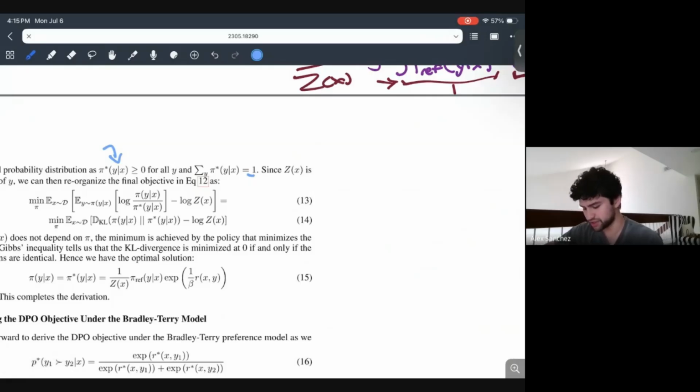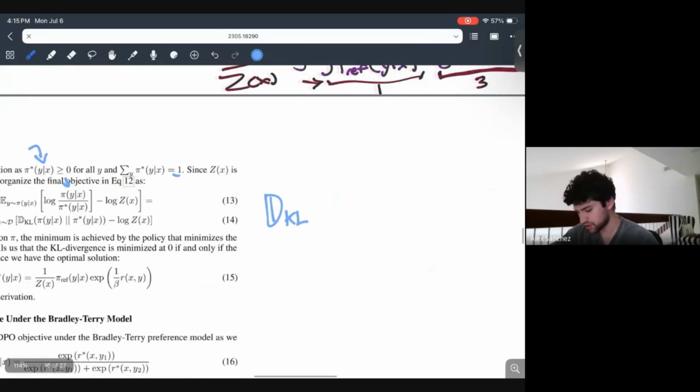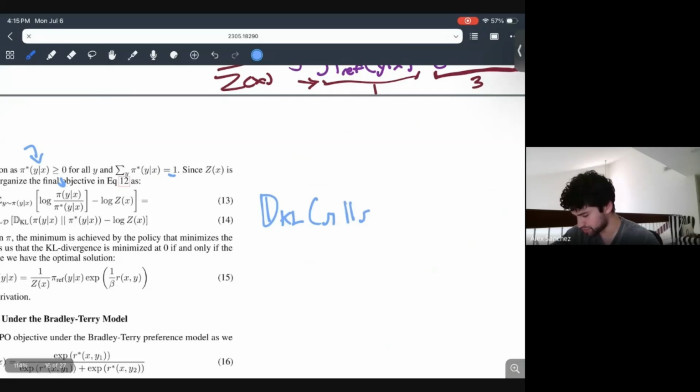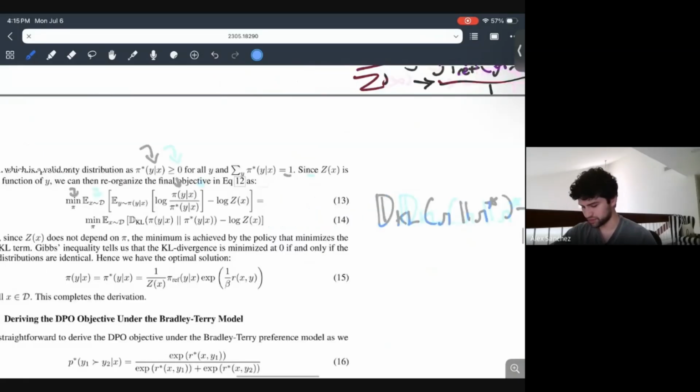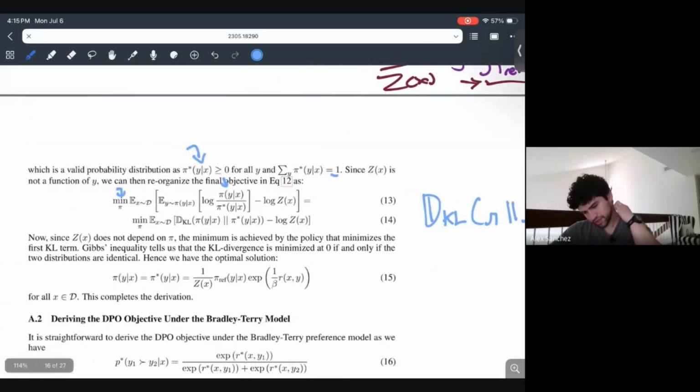We change the objective to minimizing basically this, which ends up being the KL divergence of pi and the optimal policy pi star, minus the logarithm of z of x. Since z of x does not depend on the parameters of the policy, the minimum is achieved by the policy that minimizes the first term. Just this term.